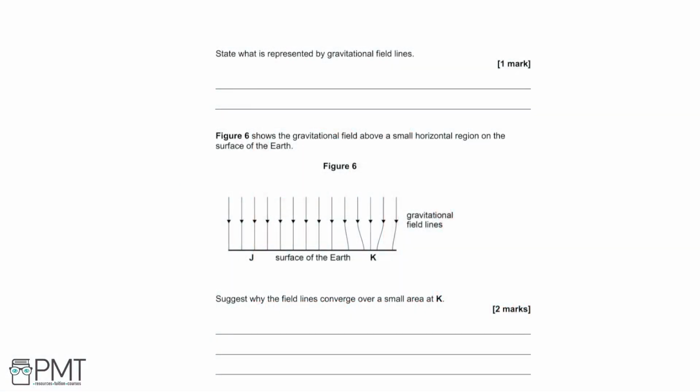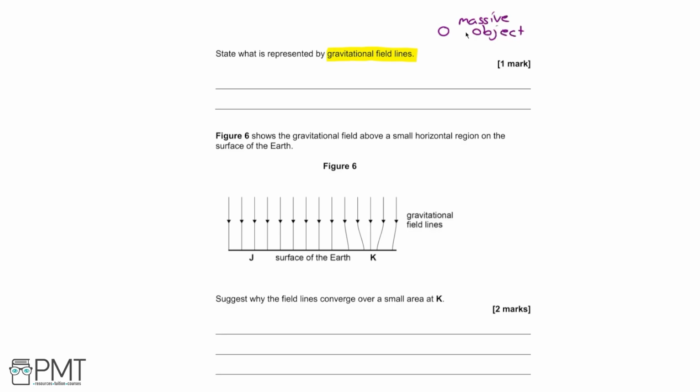This question is about gravitational fields. The question says, state what is represented by gravitational field lines. Gravitational field lines represent the direction and relative size of a force that acts on a massive object inside a gravitational field.